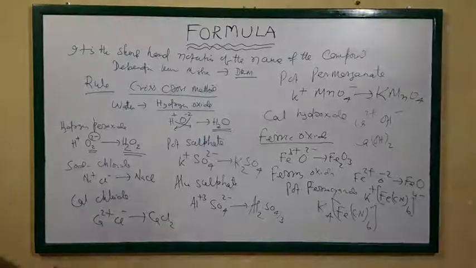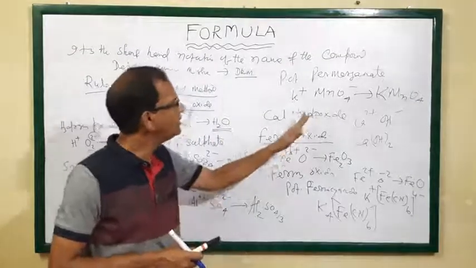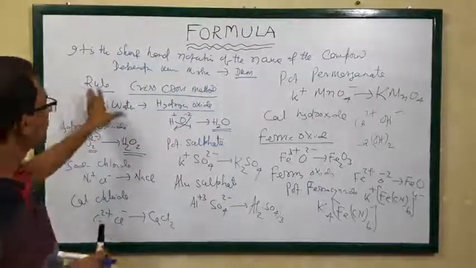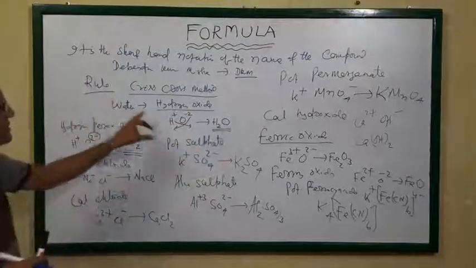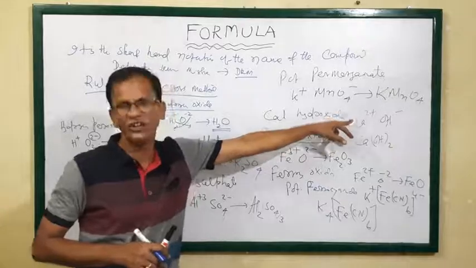So the formula can be written if you know the radicals. After writing the radicals, only the valency will be exchanged. Valency means the whole number, not taking the charge.